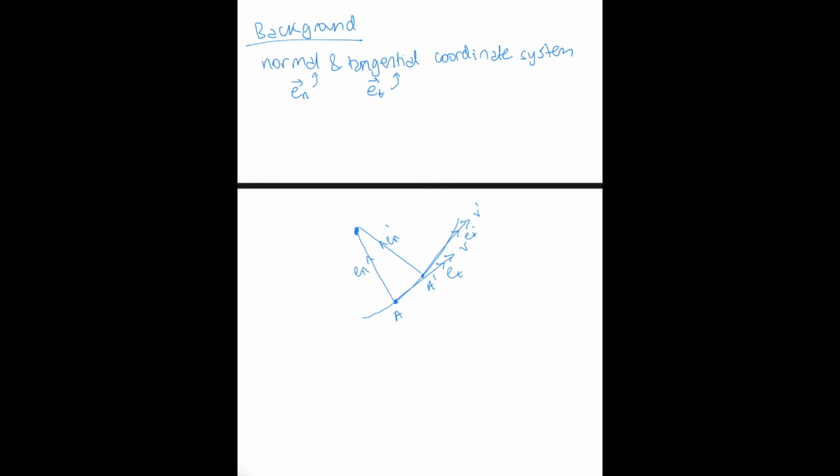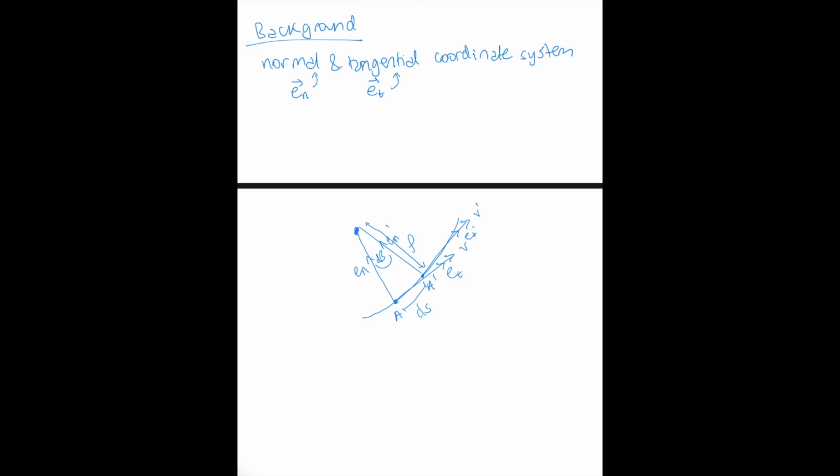Now the angle between A and A dash can be expressed as beta, and the distance between A and A dash can be expressed as s. The radius of curvature can be expressed as rho.